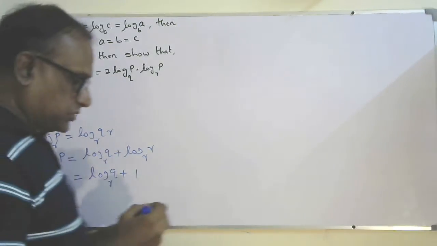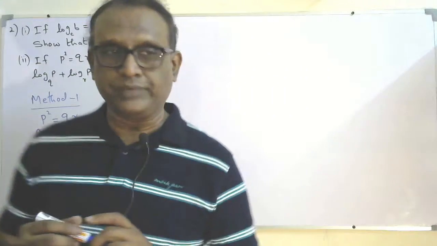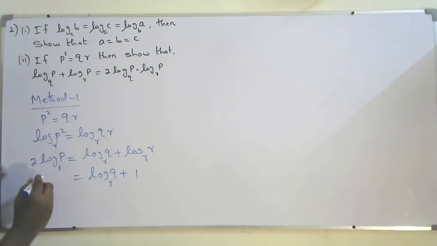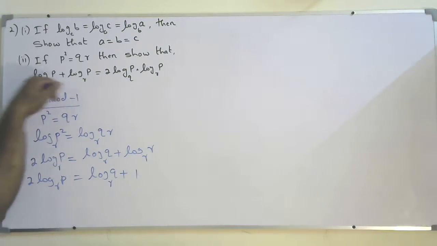Okay. So somewhat I got this one, 2 log R of p, that part of the answer, 2 log R of p is there. So 2 log R of p is here, log R of q is there, but there is nothing called log R of Q, but 1 is there.